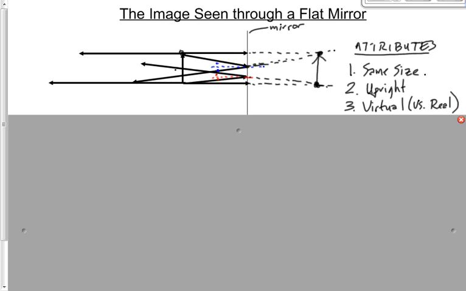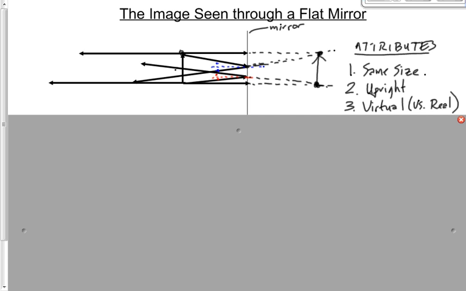Now, how do we know in this case? How do you know from this diagram that you can't see the image on a screen? How do we know that we couldn't put a piece of paper right there or some kind of smartboard screen or whiteboard and see the image there? Well, here's the rule of thumb.